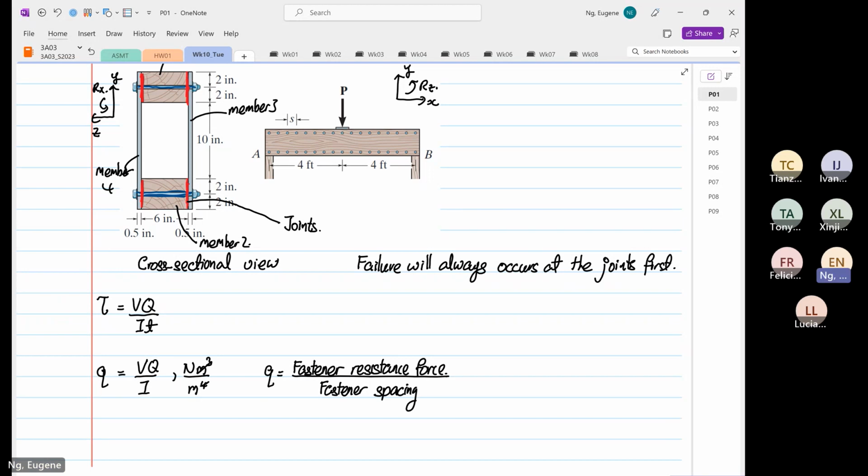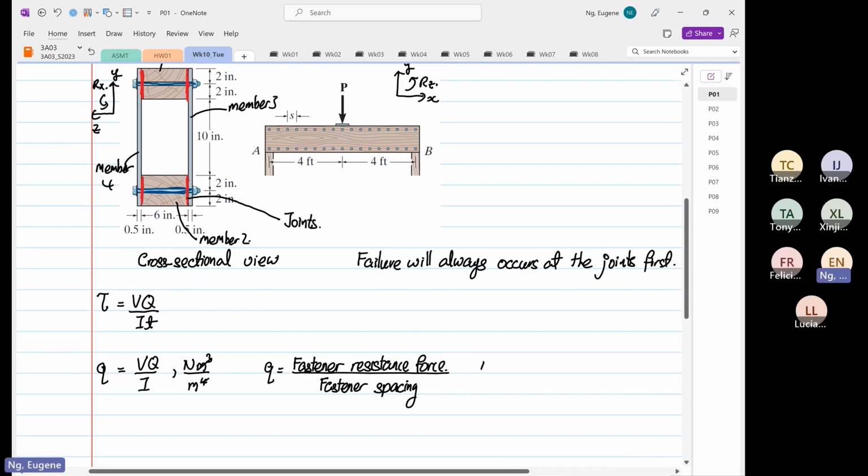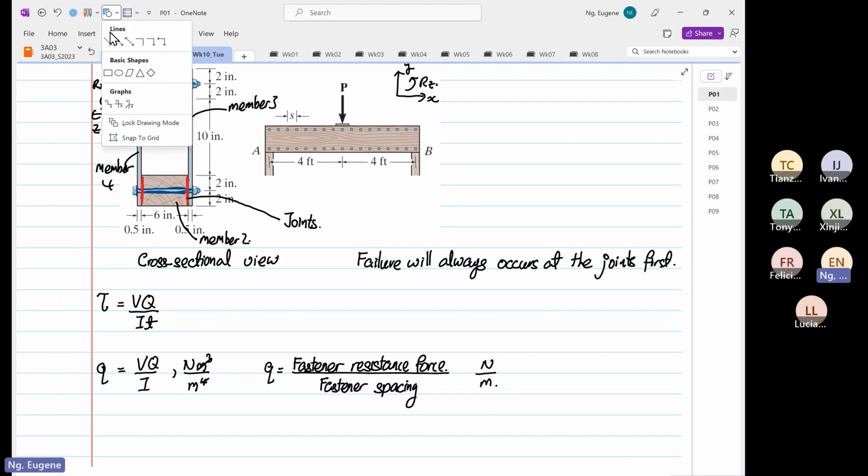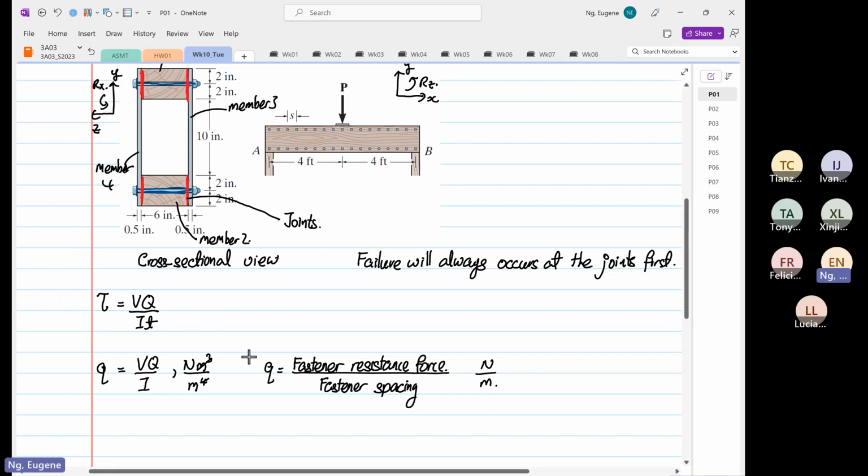So this unit is also Newton per meter. This is something new that we've not seen before, that we are going to use for longitudinal shear: fastener resistance force over fastener spacing.